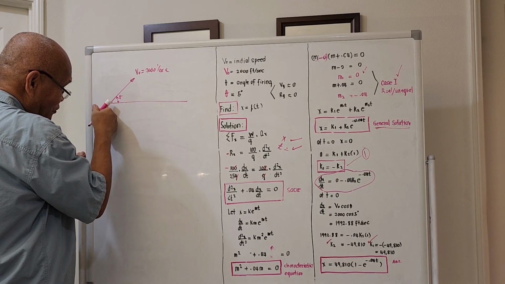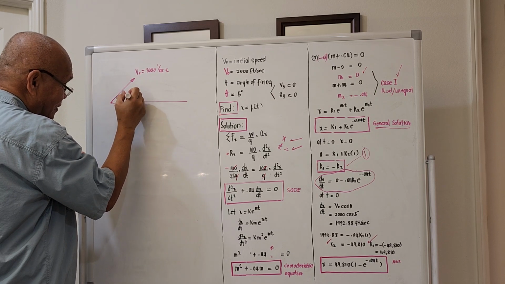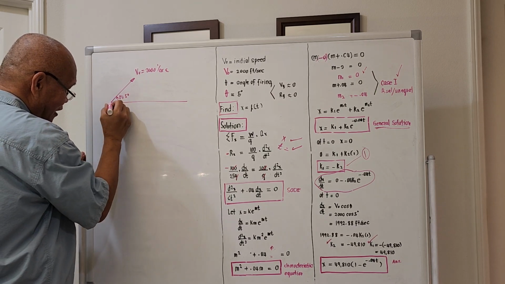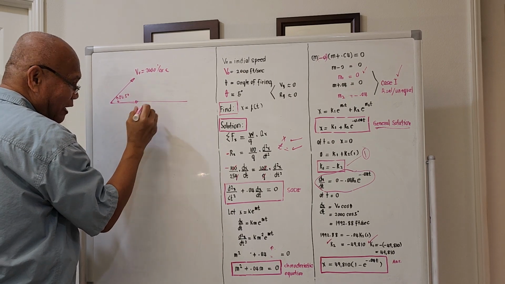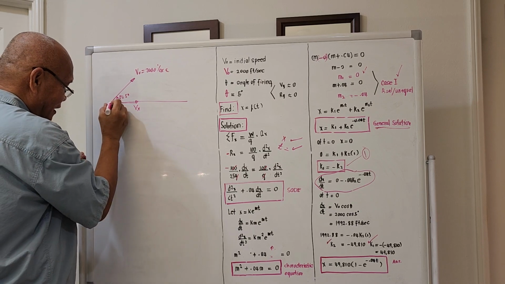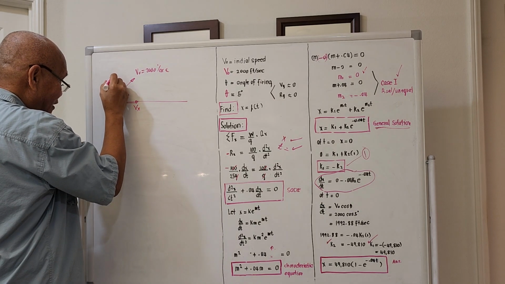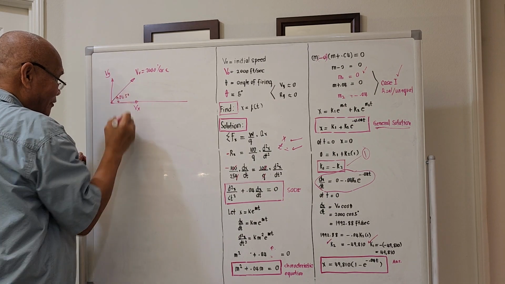If this is projected at a certain angle theta, and this is actually 5 degrees, this total velocity should have an initial component along the x-axis, represented by vx, and it should also have a vertical component, represented by vy, okay?